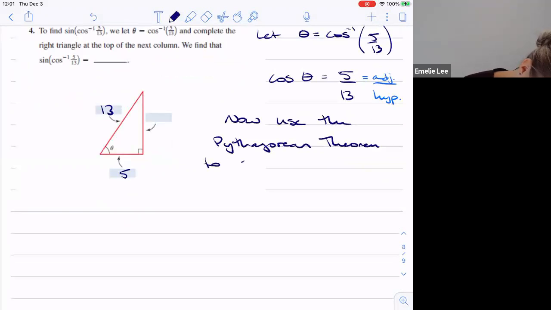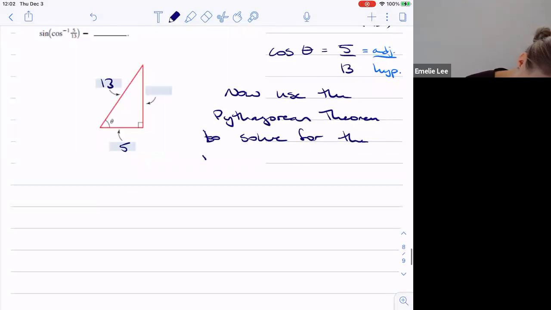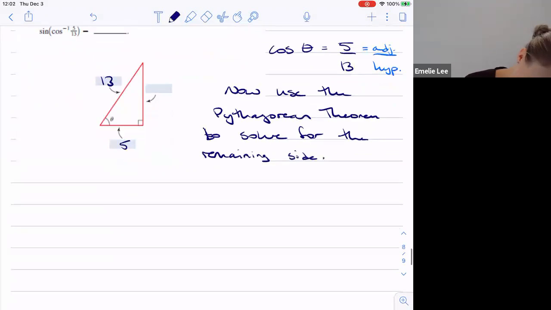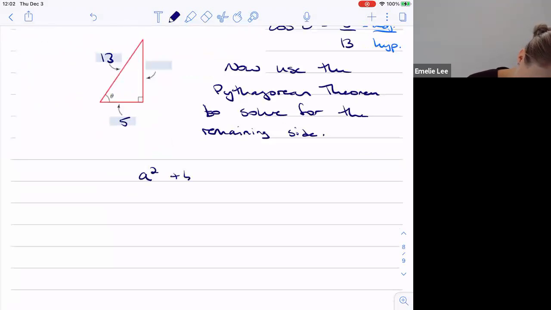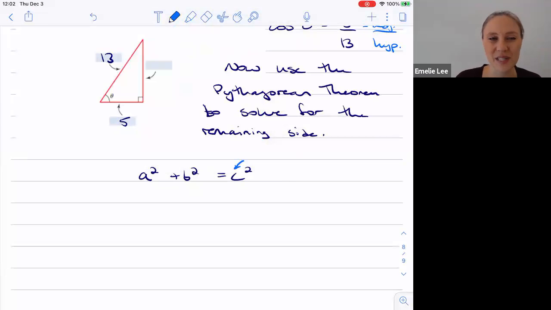A squared plus B squared equals C squared. As long as you're letting C be the hypotenuse, it doesn't actually matter which one's the opposite and which one's the adjacent. C has to be the hypotenuse.